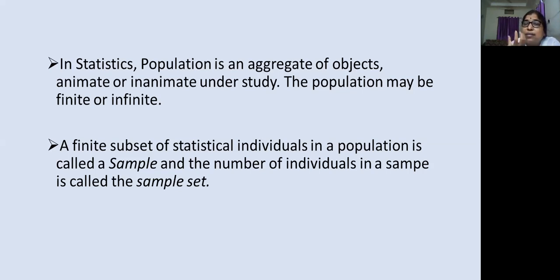So out of the complete population, if I take some finite subset, that is, out of 5 lakh children, 20 lakh children, if I take 15,000 as my sample and do all the study on it, and within 1 week or 15 days I give the report to the government, they will be able to find out from what diseases these children are dying more, then they can do something by introducing drugs and other things.